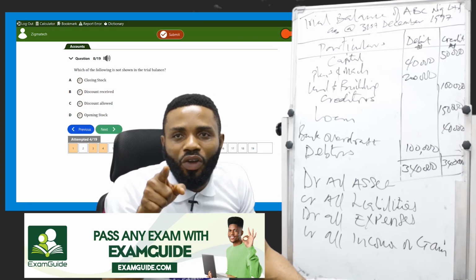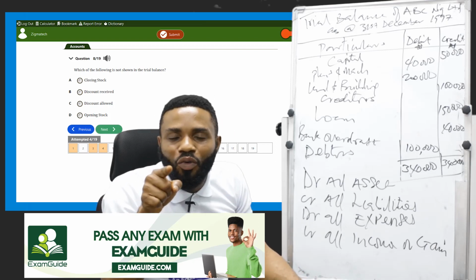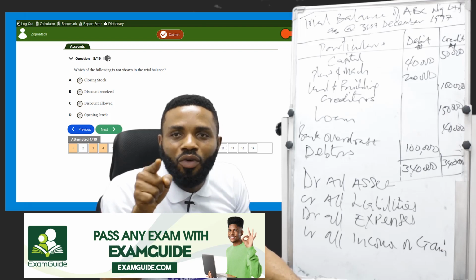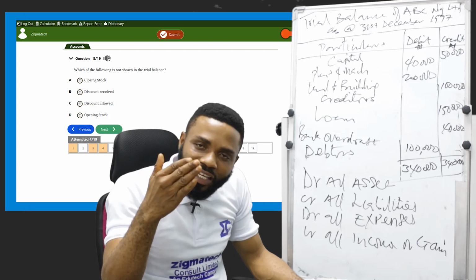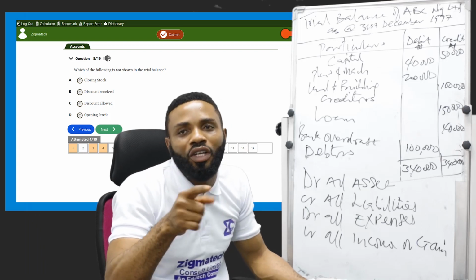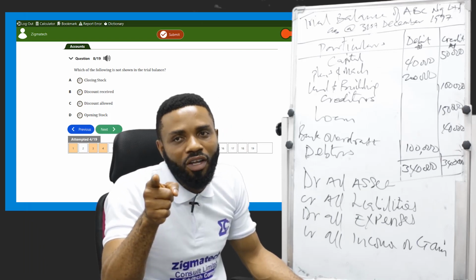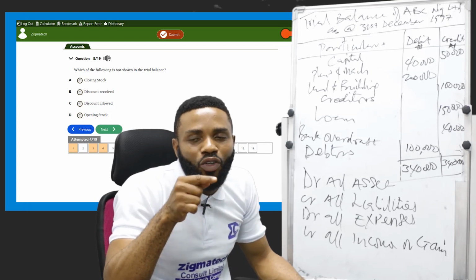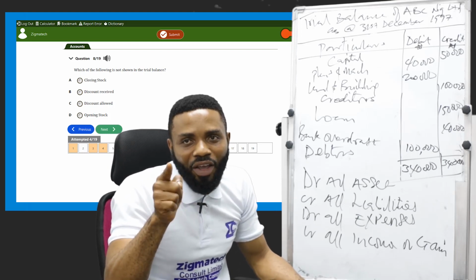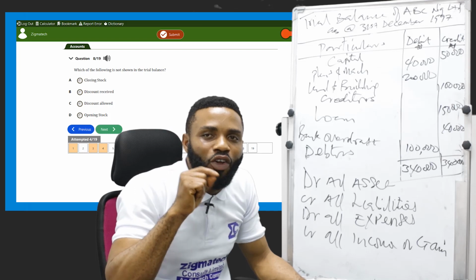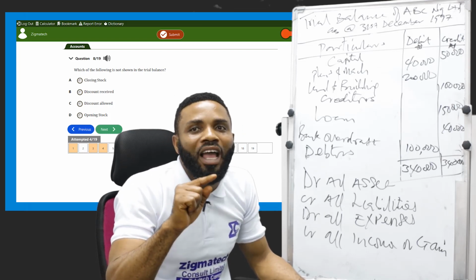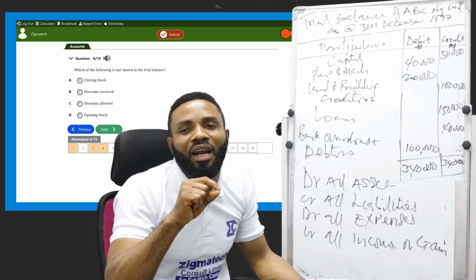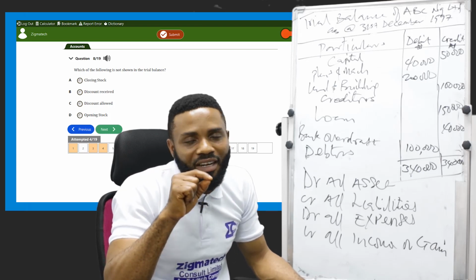You see now, we have seen closing stock here. We have seen discount received. We have seen discount allowed and opening stock. In this case, the one that should not be shown is going to be closing stock. Compared to closing stock, the possibility of having the closing value of an asset on the trial balance is very, very insignificant.